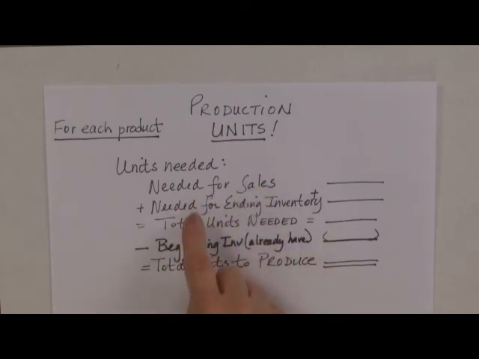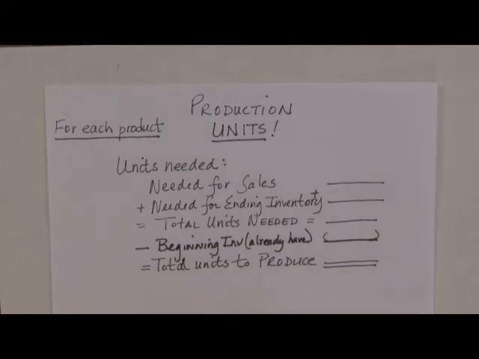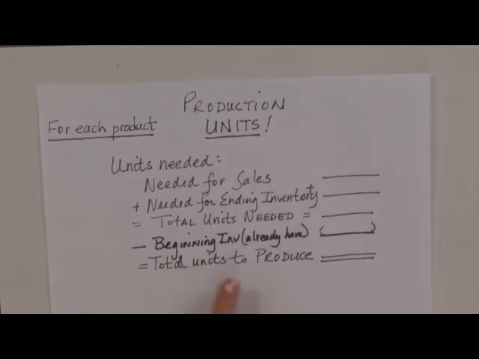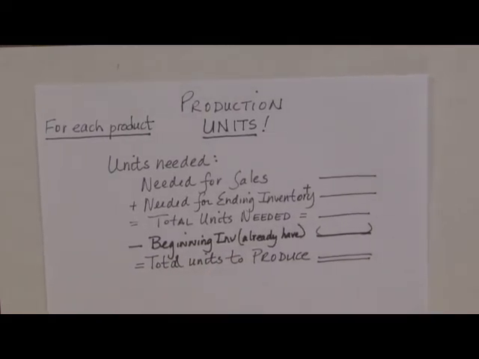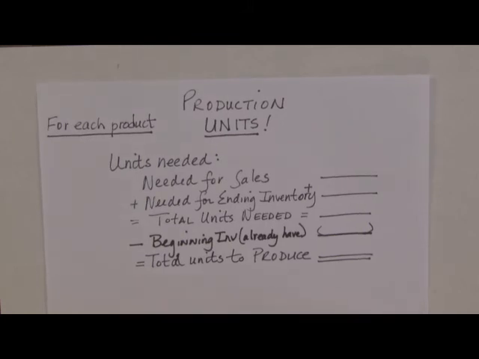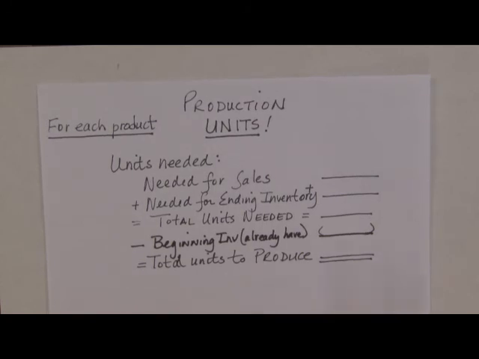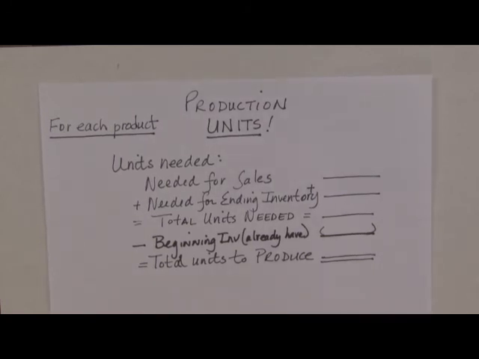We need units for sales. We need units for ending inventory. We compute total units needed. We subtract away our beginning, which is what we already have, and we can determine the total units to produce. And as noted in the left-hand corner, we have to do this calculation for each product that we intend to produce.